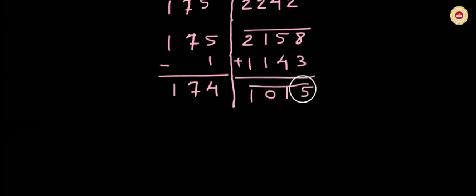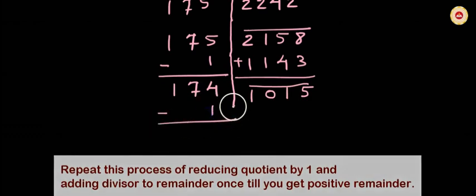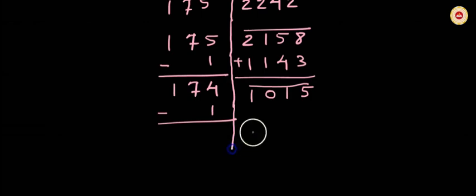Still our remainder is negative. It means that we need to reduce quotient by 1 again. So 174 minus 1. See friends, you have to continue this process till you get positive remainder.